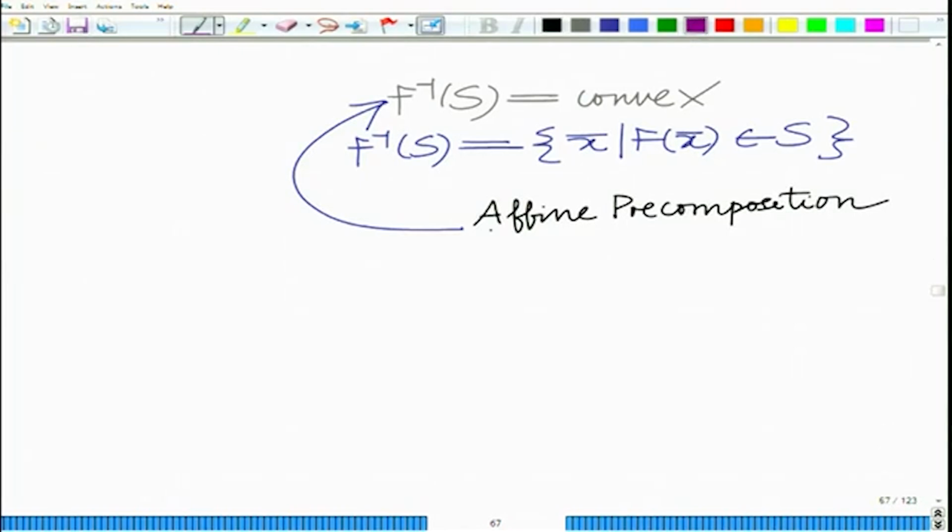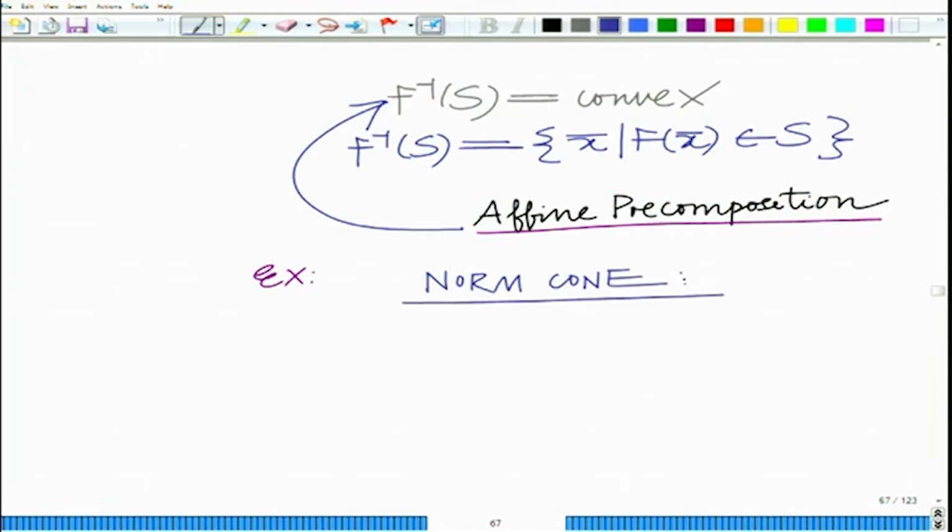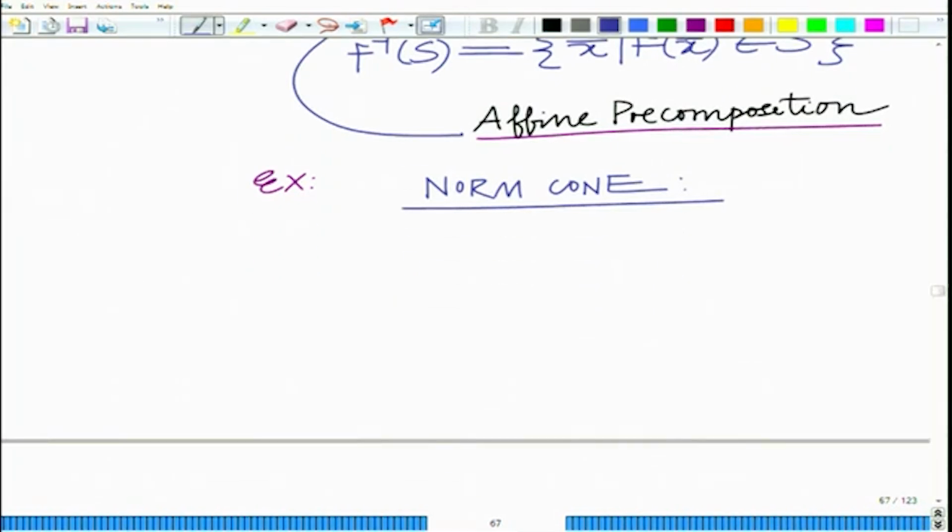For instance, an application can be demonstrated as follows. Consider the following simple example. We have already seen a norm cone. Let us go back to our illustration of the norm cone. What we have seen in the norm cone is that we have this vector x tilde, which is of the form x bar, x n plus 1.